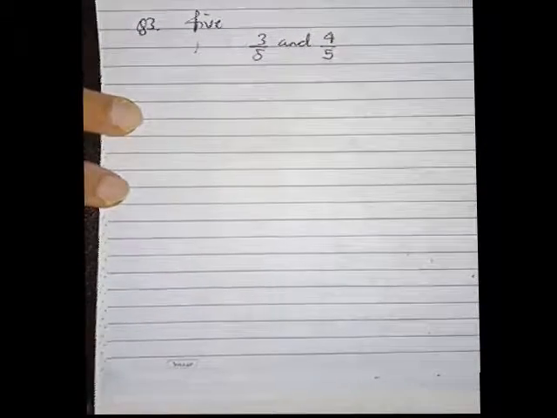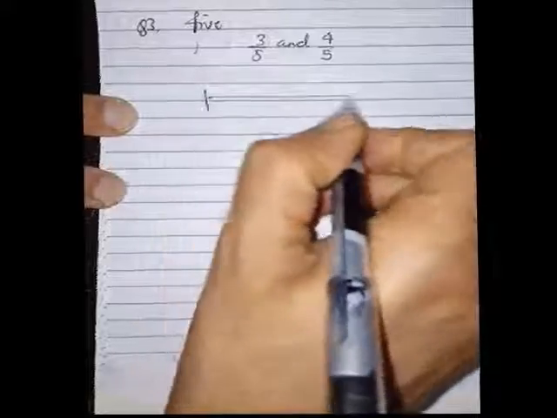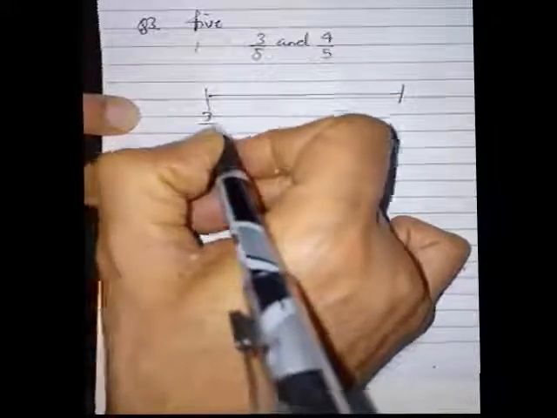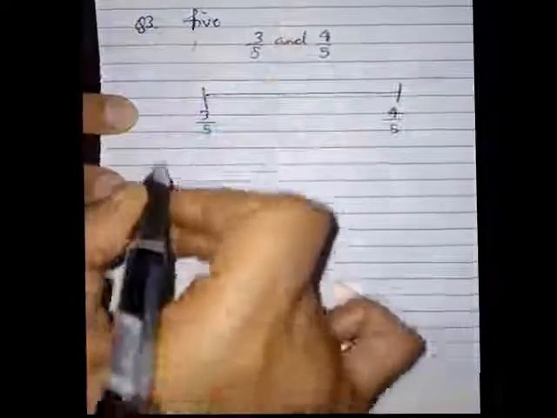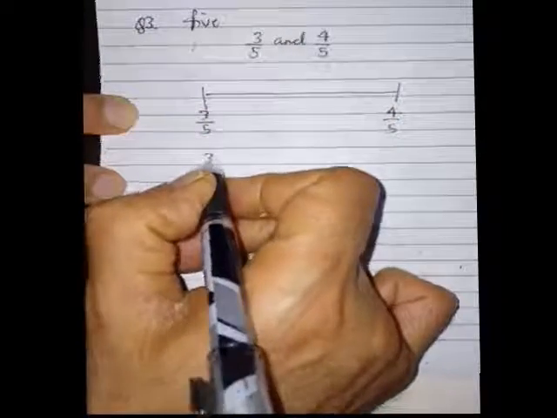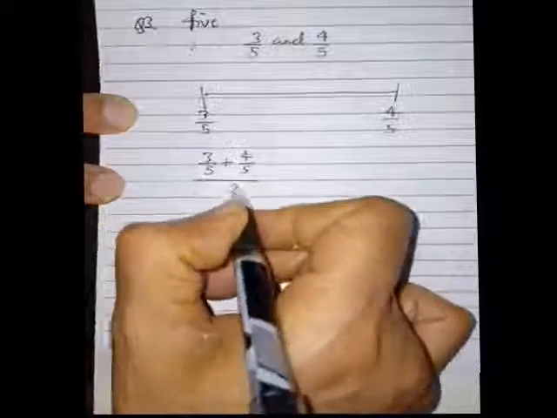One method is there which I have already told you. We can write it here: this value is 3 upon 5 and this will be 4 upon 5. We have to find the mid between these, so it will be 3 upon 5 plus 4 upon 5 divided by 2.